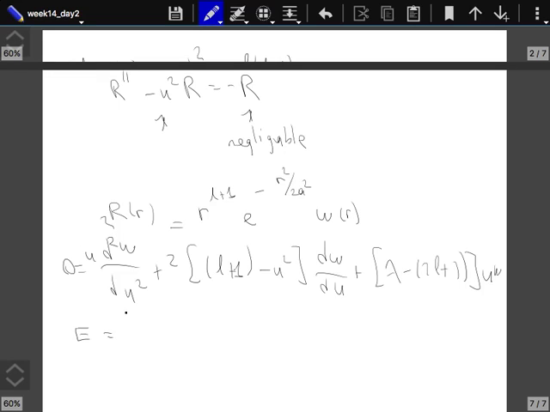Energy is h bar omega over 2 times lambda.